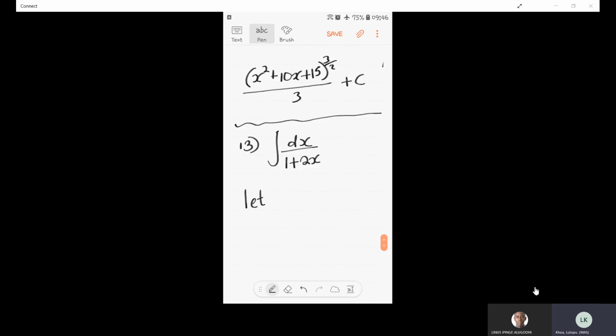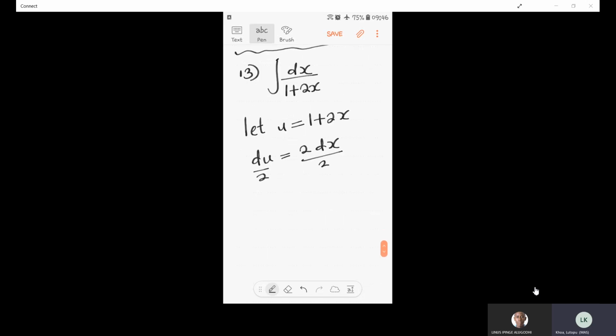You can say let u equal to 1 plus 2x. Then we differentiate, we say du is equal to 2 dx. And then from here, we can make dx the subject, so we divide by 2 on both sides. We have half du, this is equal to dx.